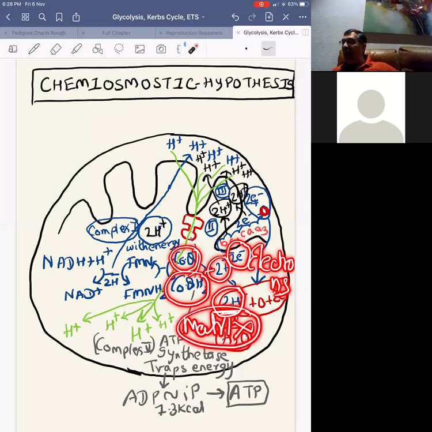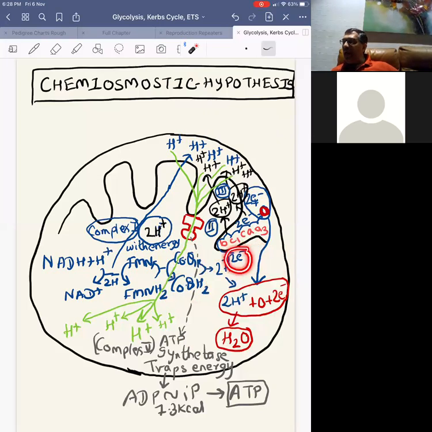Where will electrons go? Electrons will pass from the matrix into the inner mitochondrial membrane. In the inner mitochondrial membrane, electrons are accepted by an electron acceptor.